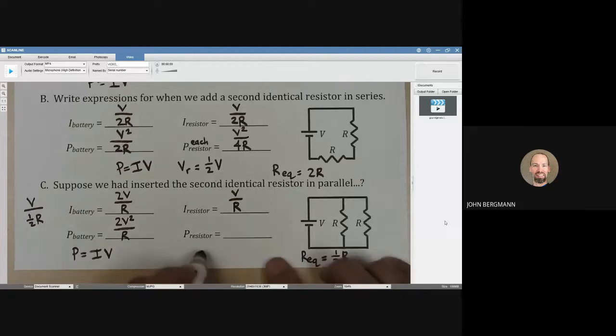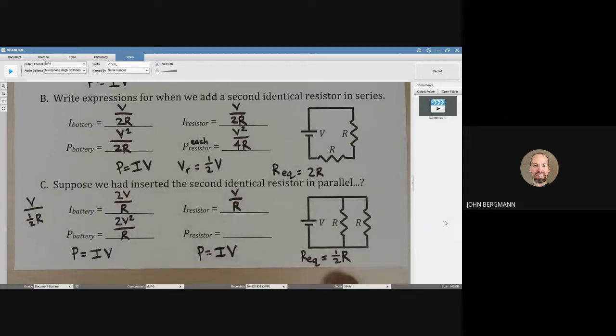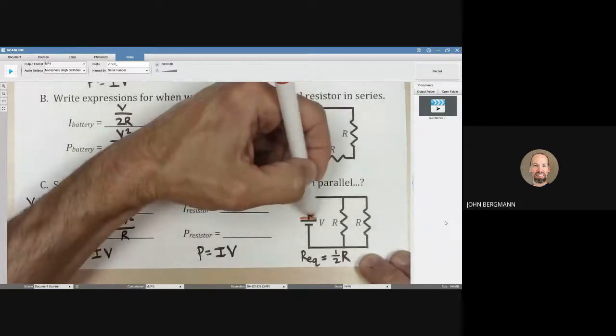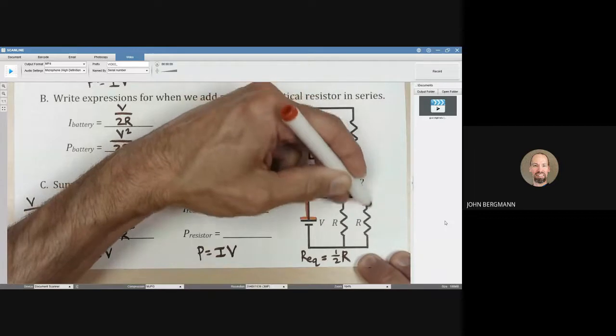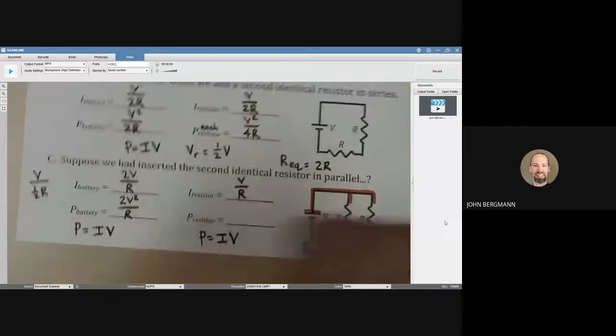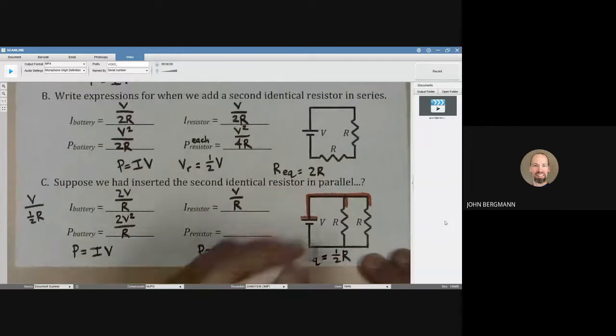The power from each resistor is going to be the current going through each resistor multiplied by the voltage across the resistor. Well, the voltage across the resistor, you see, if we color code this, you see that the voltage across each of these resistors is numerically equal to the voltage across the battery.